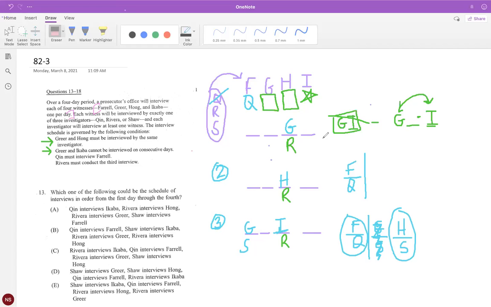Okay, let's start with something simpler. What if H is interviewing R? Who else must R interview? I. Do H and I get interviewed by the same person?